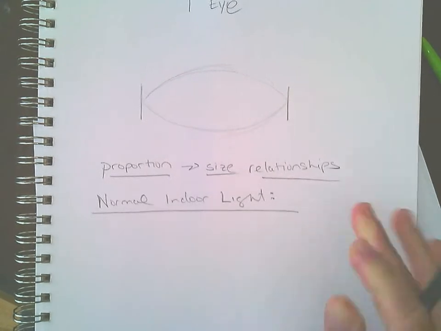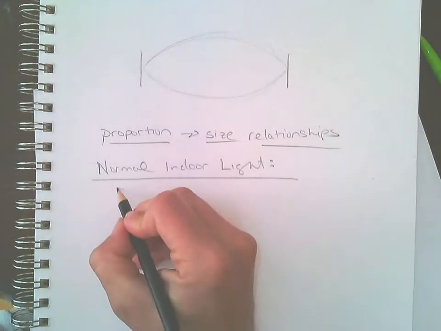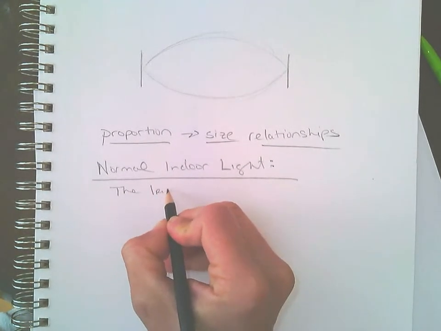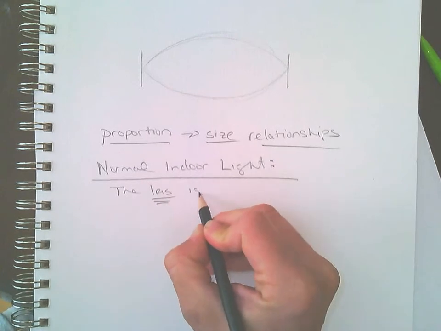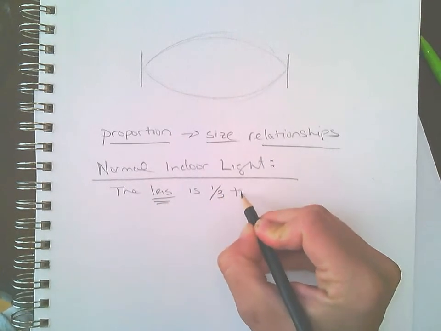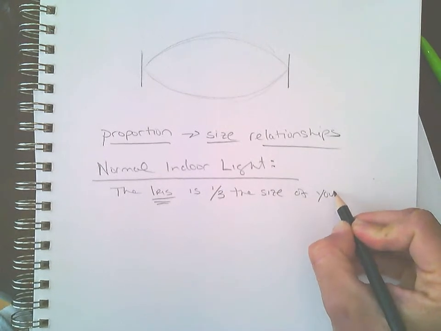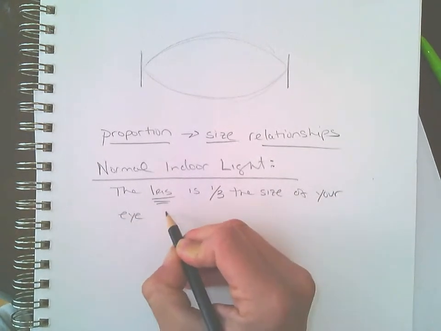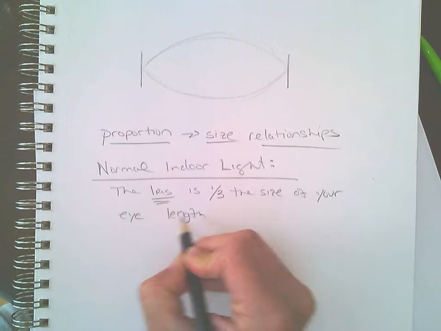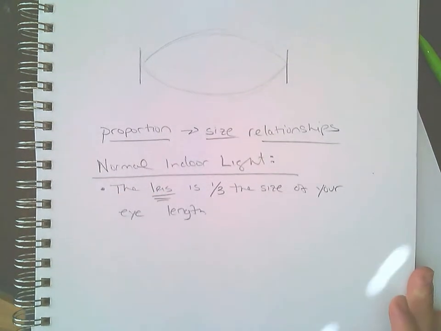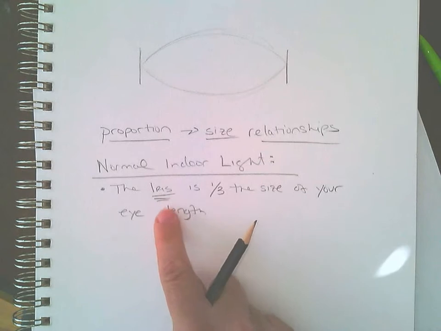These are the things you need to understand. The iris is 1/3 the size of your eye length. That's the first thing you need to understand. The iris is 1/3 the size of your eye length.